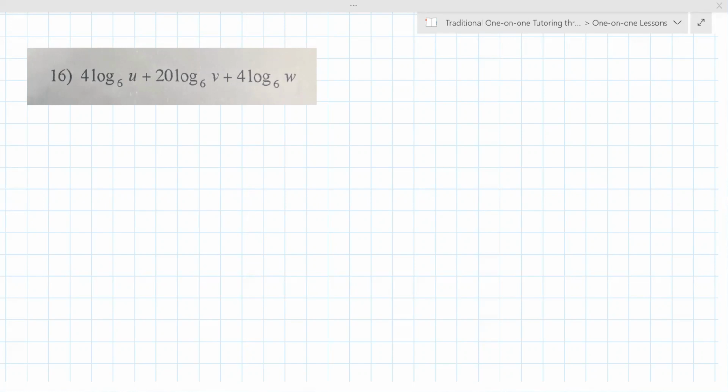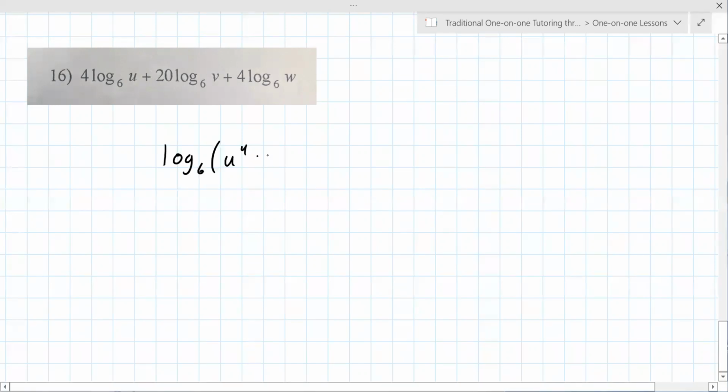So would it be log of 6, parentheses u to the power 4 times v to the power 20 times w to the power 4? Yes, that's correct.